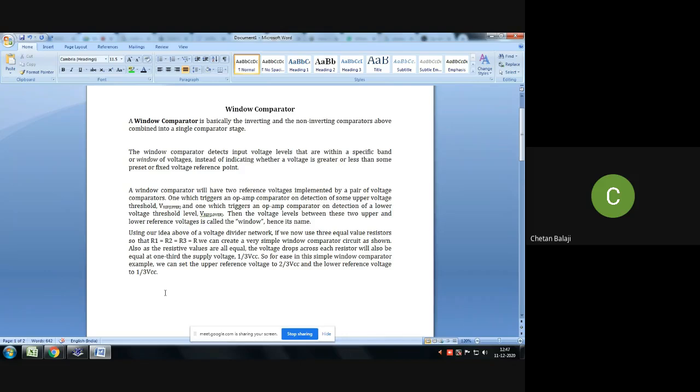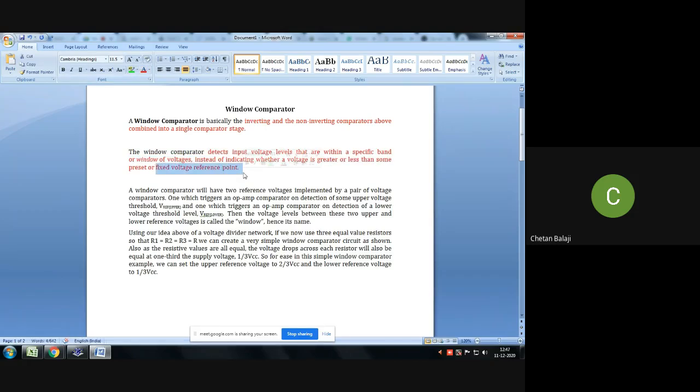So first, it is basically the inverting and non-inverting comparators mixed together. This is the first very important point. The second is that it detects the input voltage level, indicating whether a voltage is greater than or less than some prefixed voltage point.